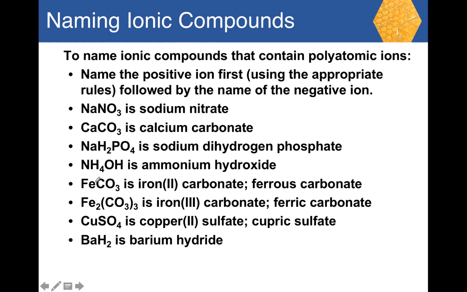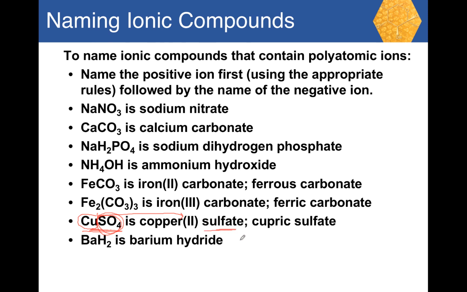Okay, I think we have a couple more examples here, and we won't go through these in detail. Let's look at a polyatomic one here, copper sulfate, for example. So the copper has a 2 plus, and looking back at the polyatomic, this is called the sulfate, and it has a -2.